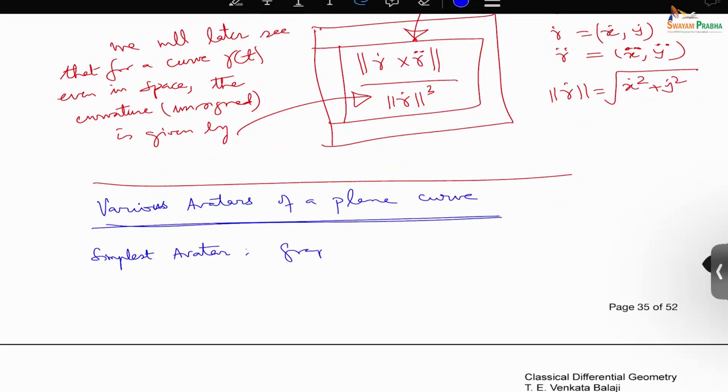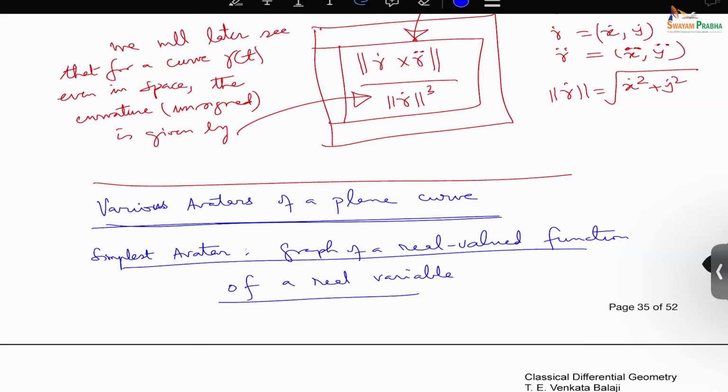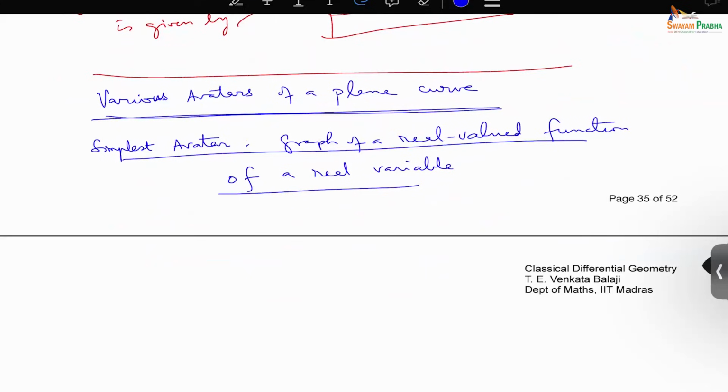That's a curve. So the simplest avatar that we are used to from school is the graph of a real valued function of a real variable. This is the simplest of them, and this is very clear.